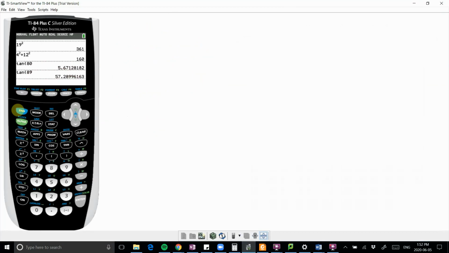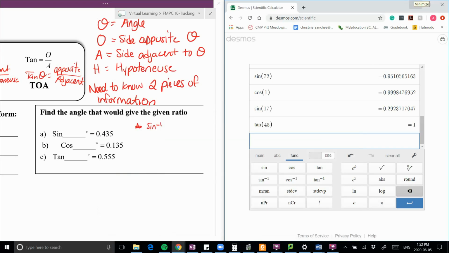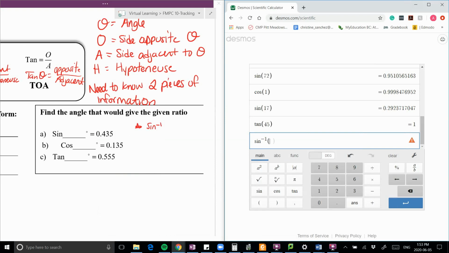So this one as well, I would need to use that second floor button. So I'm going to go sine -1, oh, we gotta go back to numbers, 0.435. So this angle is going to be 26 degrees. So theta is 26 degrees.